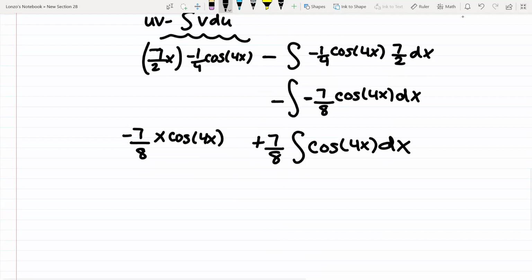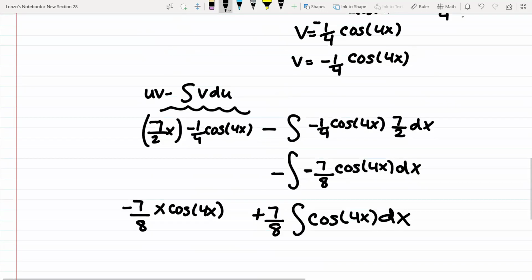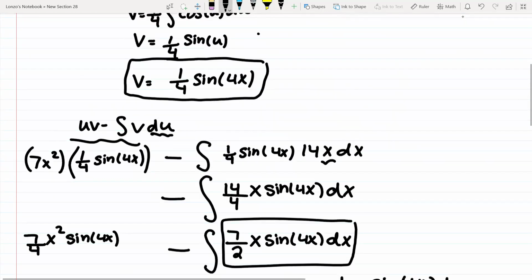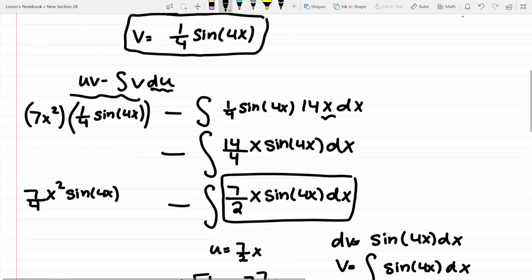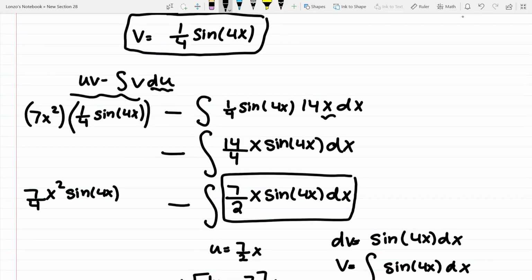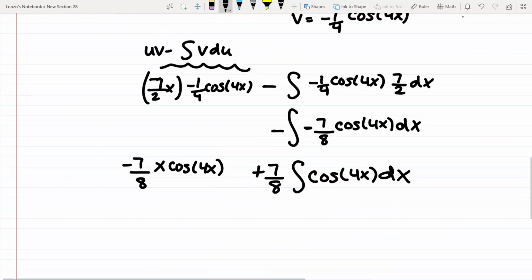And now we have to take the integration of cosine of 4x dx, but we are lucky because we already did this. I think I boxed it somewhere right here. We said that the integration of regular cosine 4x dx is 1/4 sin of 4x. So I'm not going to redo it, I'm just going to replace that with that.